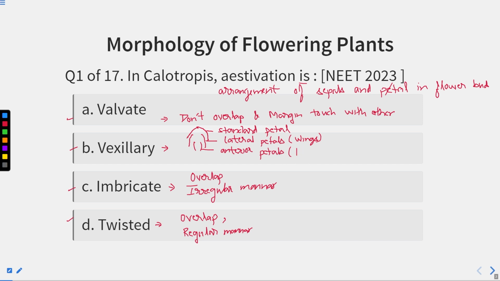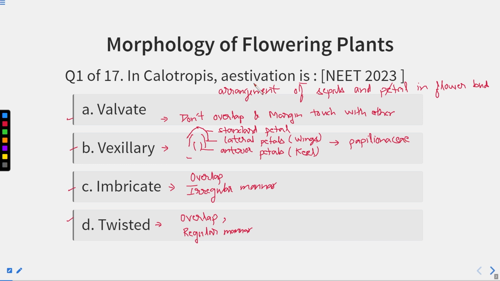And these are known as keel. Alright, so this is vexillary estivation. This is seen in the members of Papilionaceae. Okay, members of Papilionaceae show vexillary estivation.